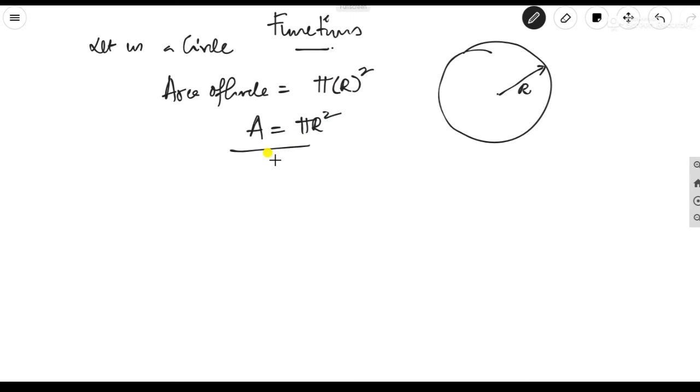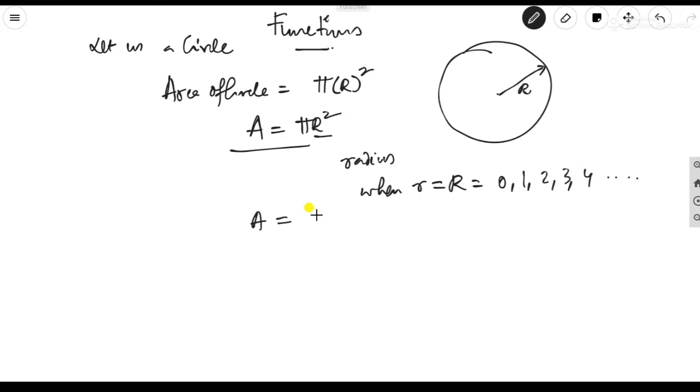Here we see that r is represented by radius. Whenever capital R is equal to 0 or 1 or 2 or 3 or 4, whatever it is, A also has corresponding values. Suppose when r is equal to 0, A is equal to 0.